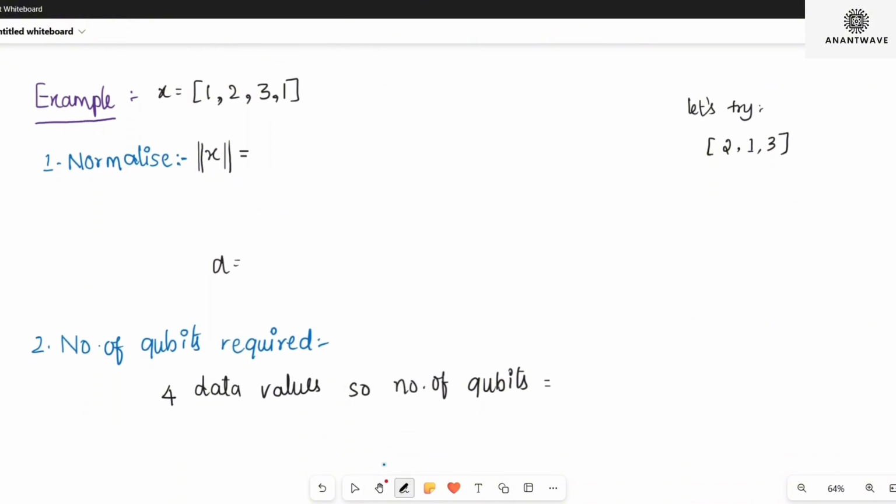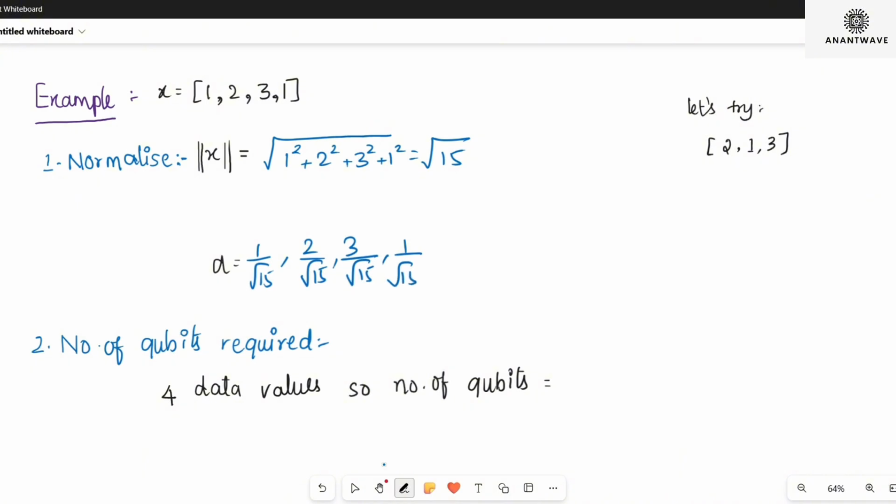If we are taking x as 4 data points, first we need to normalize the data. That gives us root 15. And we need to represent them as amplitudes. So 1 by root 15, 2 by root 15, 3 by root 15, and again 1 by root 15.